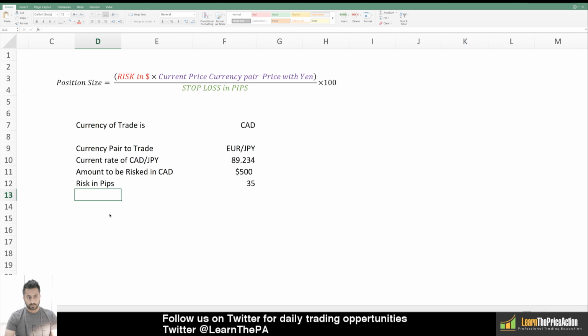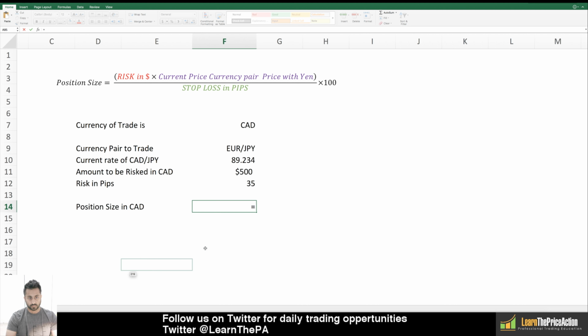So we have position size in Canadian dollar would be: we have risk in dollars, which is this, times the current price of the currency pair.